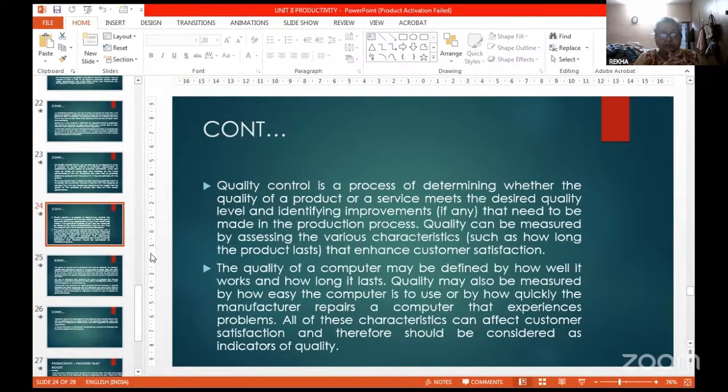Because now, especially with the rising demand for technical goods, after-sale service is also very important. And when you are buying the product, if the seller gives you this facility also, naturally he or she will be in more demand. All of these characteristics can affect customer satisfaction and therefore should be considered as indicators of quality.